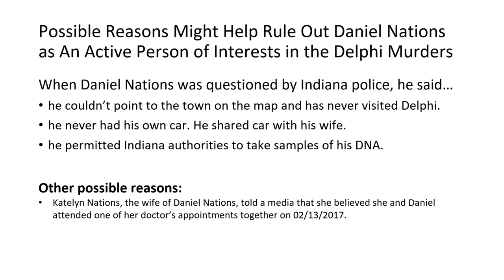His wife also told media that she believed she had a doctor's appointment to do ultrasounds on February 13, 2017, and Daniel was with her. Those are the possible reasons that might help rule out Daniel Nations as an active person of interest in the Delphi murder.